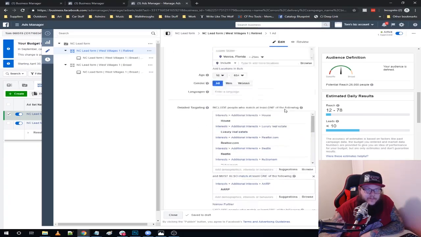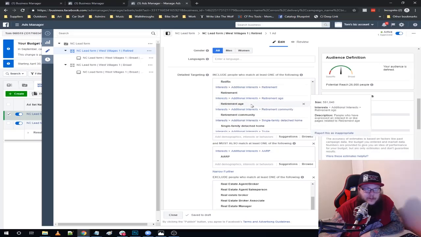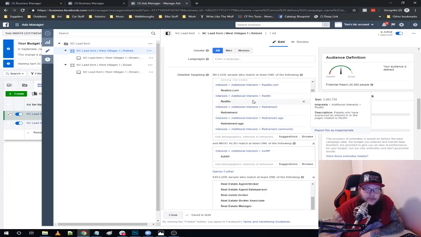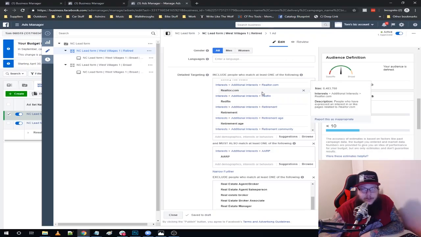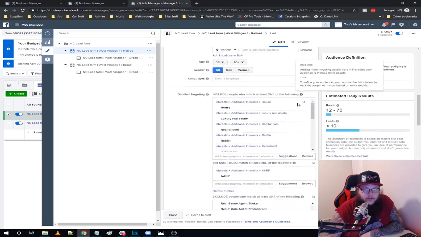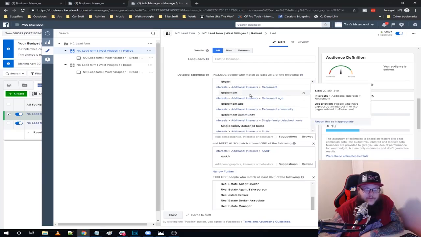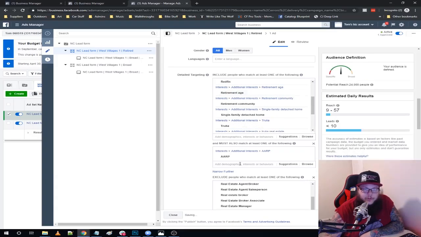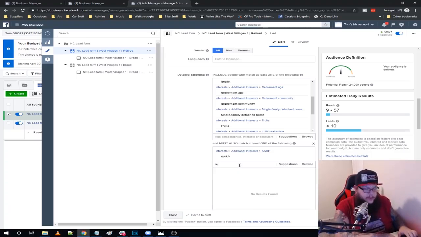So everything in this root niche, what I'm looking for is housing companies, housing pages, just general housing for buying new houses that people would be interested in. But retirement doesn't align with that, so we're going to get rid of retirement, and then we'll move that down here to our sub niches.